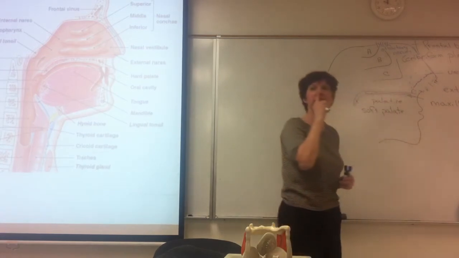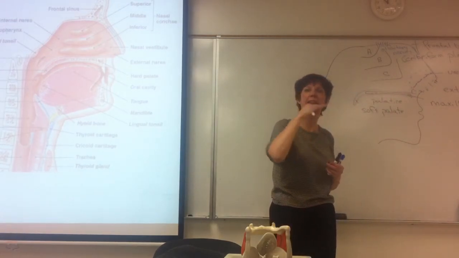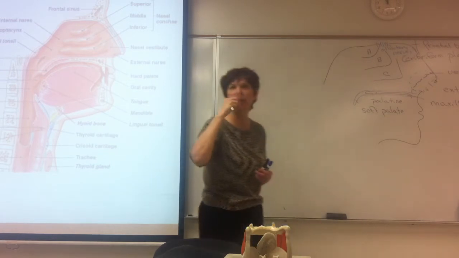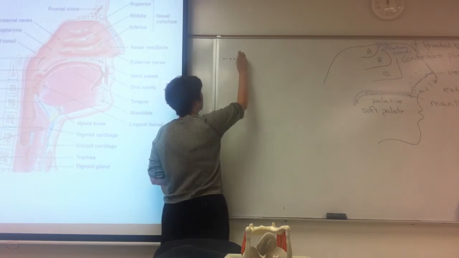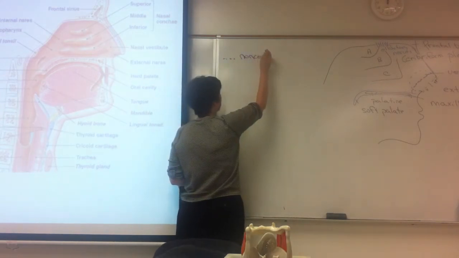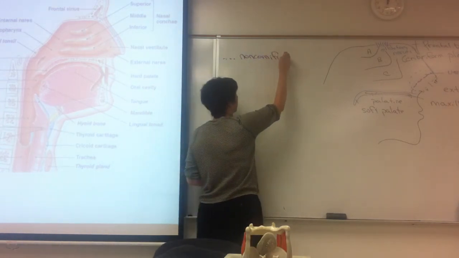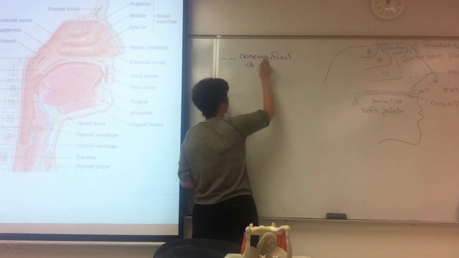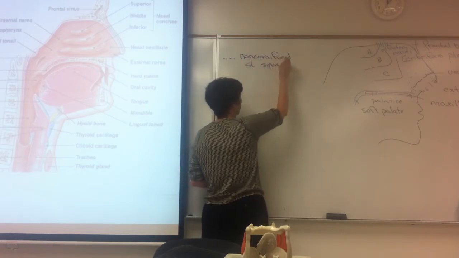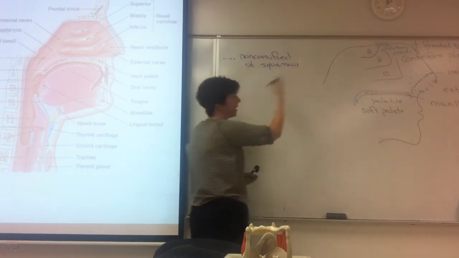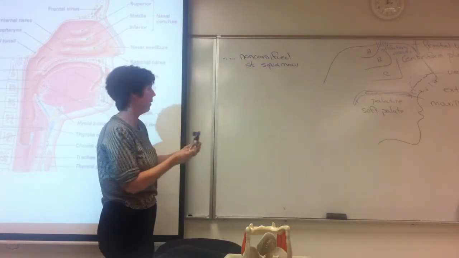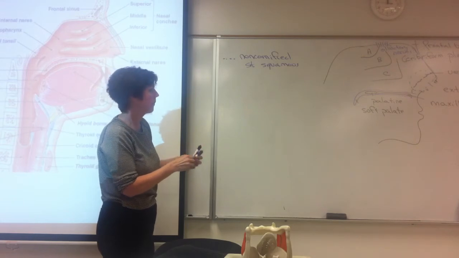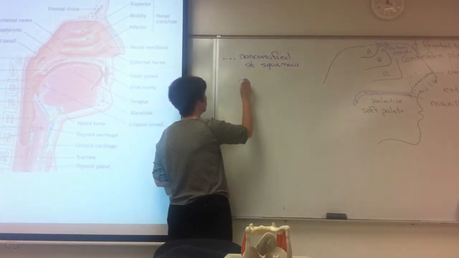So as your skin changes and goes up into your nasal cavity and forms a wet epithelium, that first half a centimeter or so is going to be non-cornified stratified squamous. And then the rest of the nasal cavity and nasopharynx, for that matter, is going to be pseudostratified columnar.